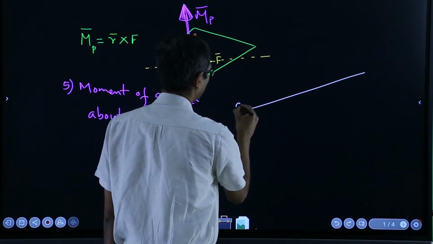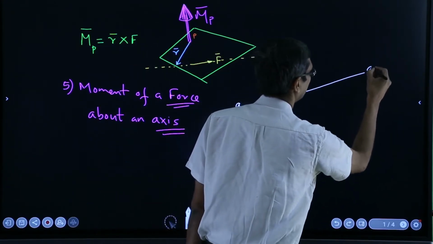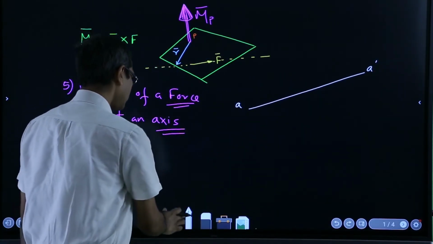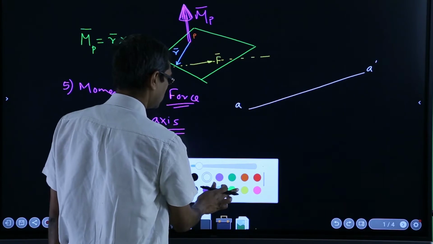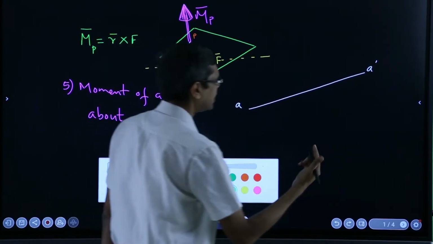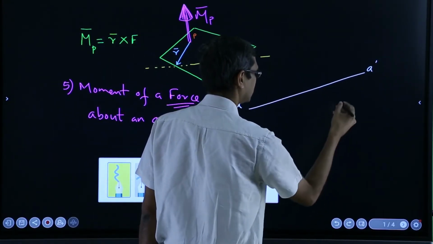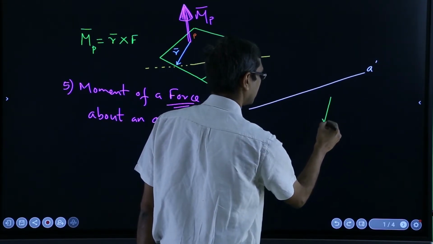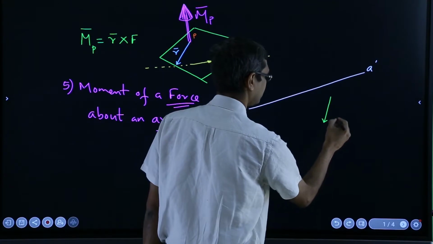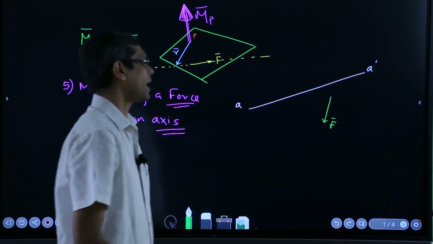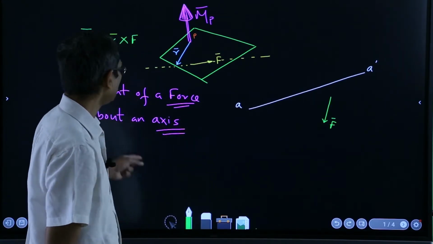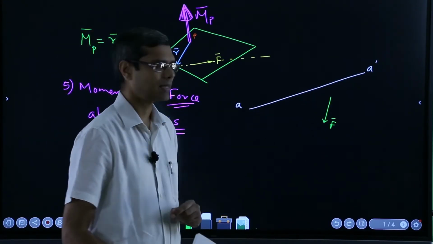Let that be denoted by A prime, and now you have a force randomly situated with respect to this axis. For example, say this is F, and we are supposed to find out the moment of this force about this axis.